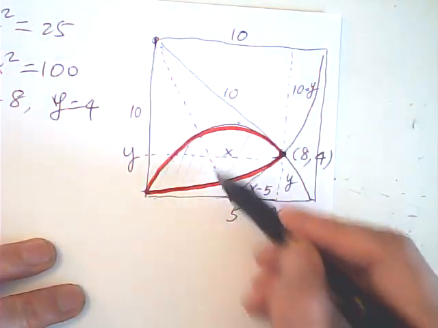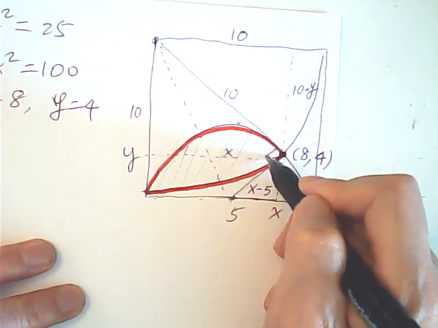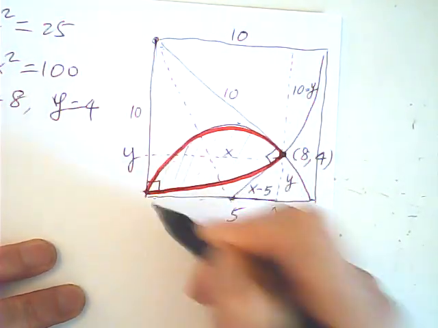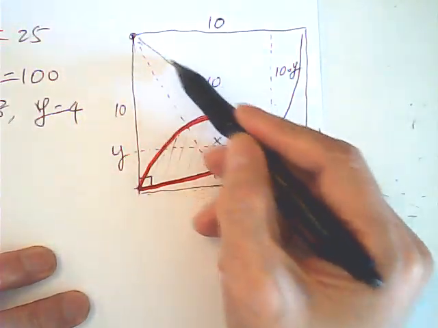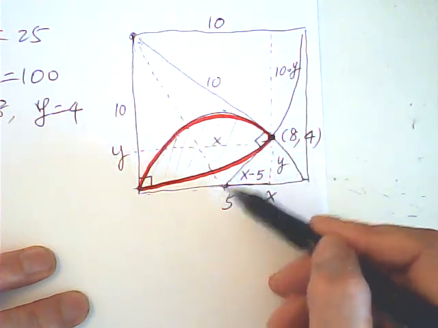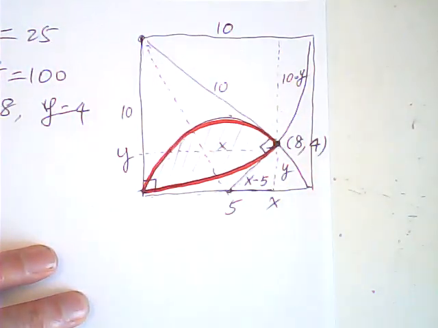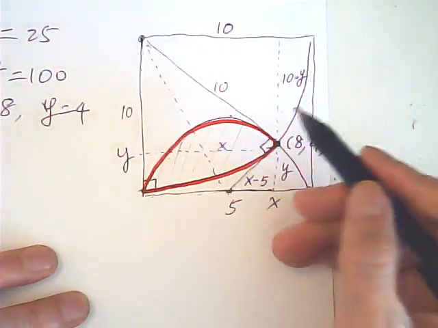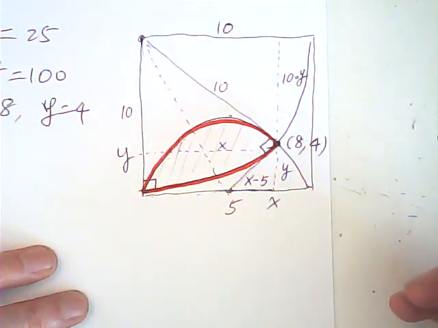Therefore, this triangle is congruent to this triangle. Therefore, this must be a right angle, because this is a right angle. If this is a right angle, this one is perpendicular to this line. This is the radius. This is the tangent line. It's a right angle.